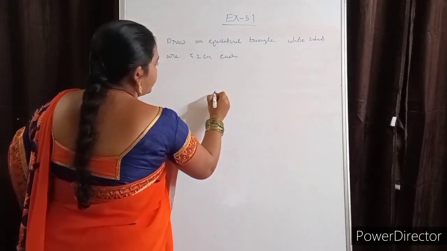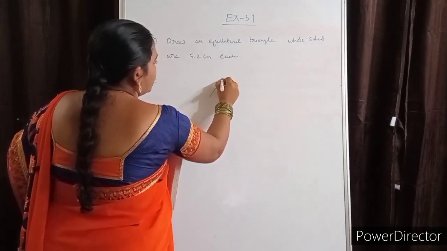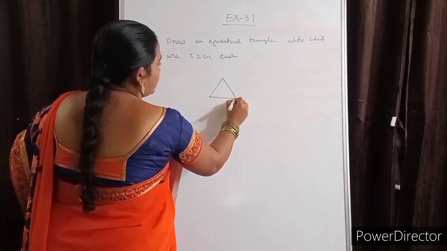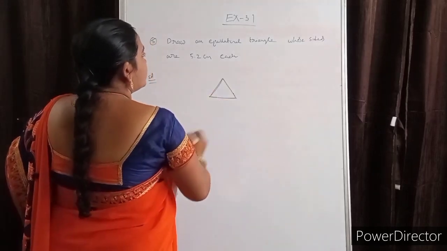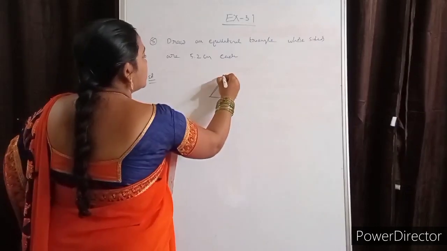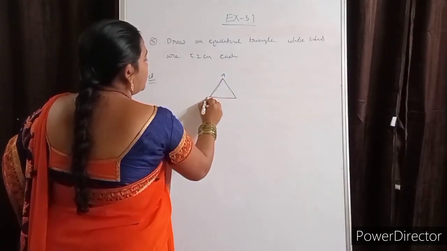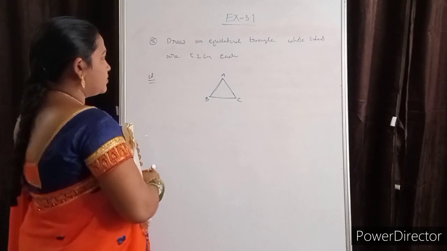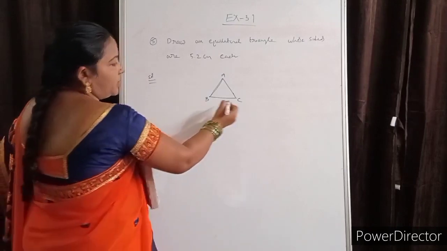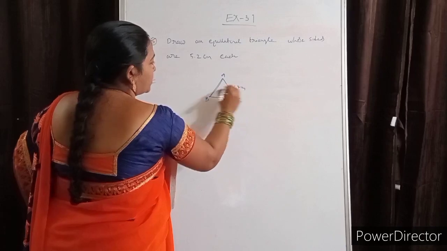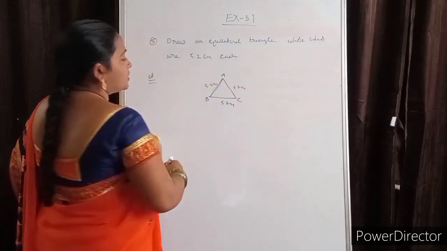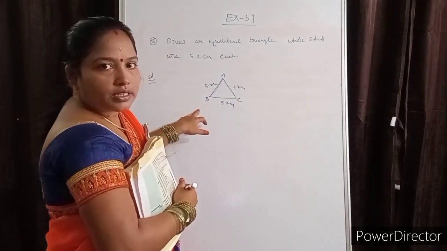ABC, each side 5.2 centimeters. This is a rough diagram.